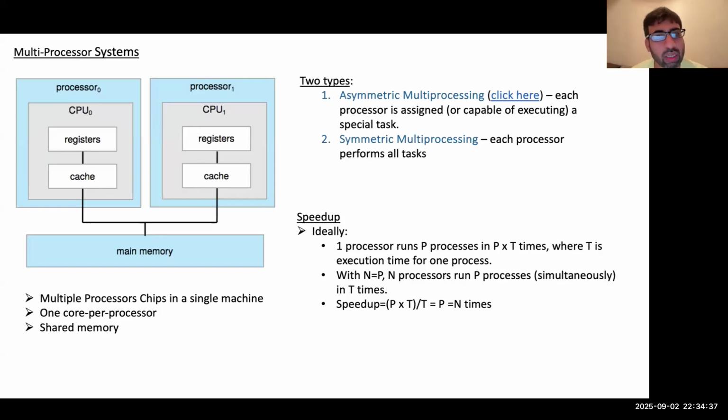If in such a system we want to measure the speedup, it is a straightforward process. For example, if I want to wash 10 dishes and I have only one person washing, and each dish takes 1 minute, the job will be completed in 10 minutes, right?